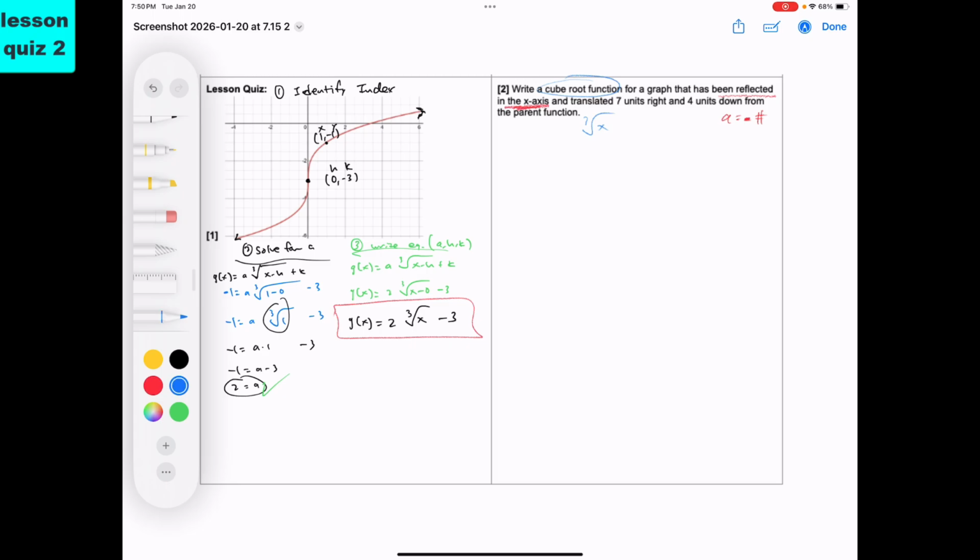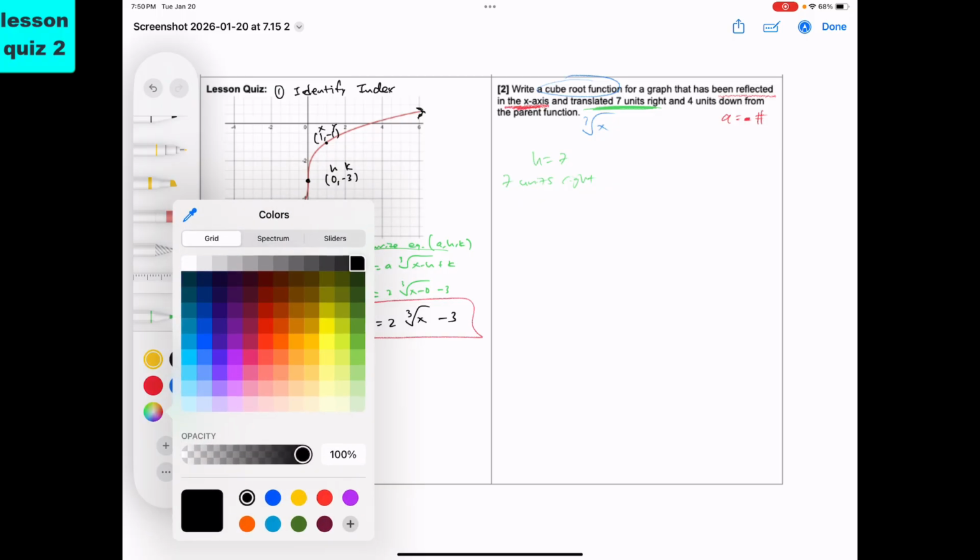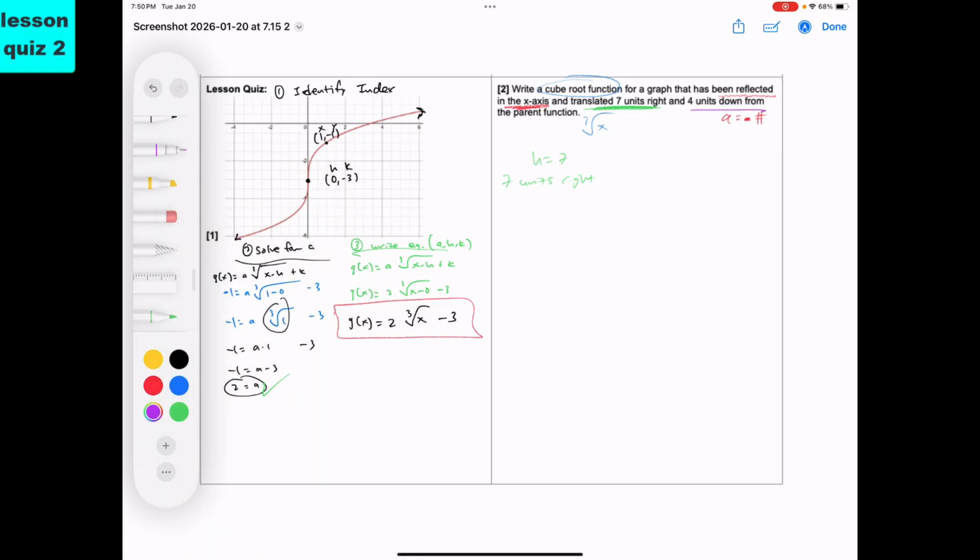Translated 7 units to the right. Okay, 7 units right. And then 4 units down. So k is negative 4. 4 units down.